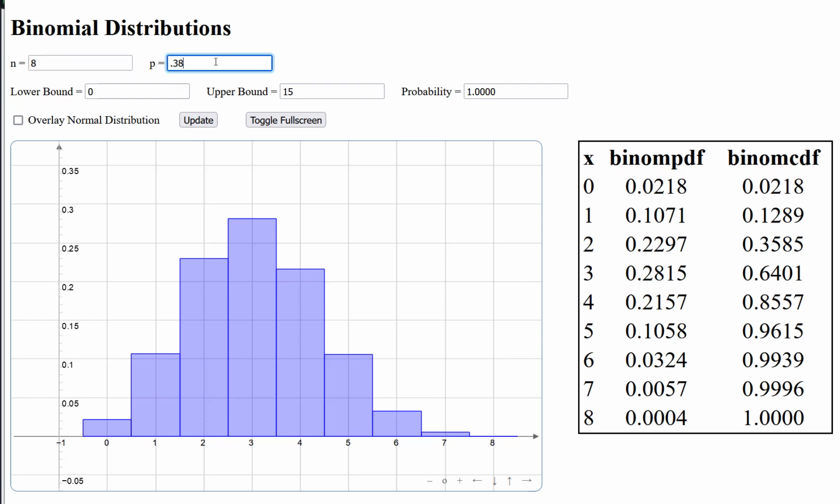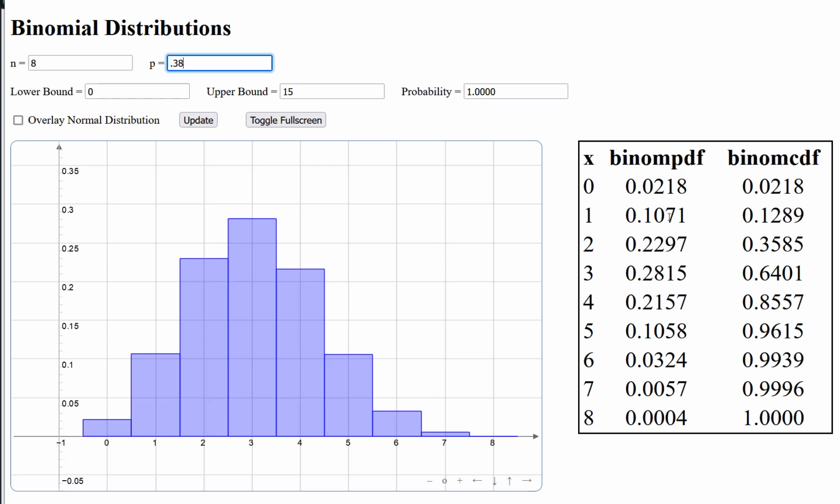Probability of success is 0.38, and what we're looking at here is a histogram of the probability distribution created if we had taken the function in our calculator binom PDF and repeatedly plugged in different values of x from 0, which is the minimum that we could use, up to 8. What that represents is none of the people out of our sample have a silver phone, all the way up to all 8 having a silver phone.